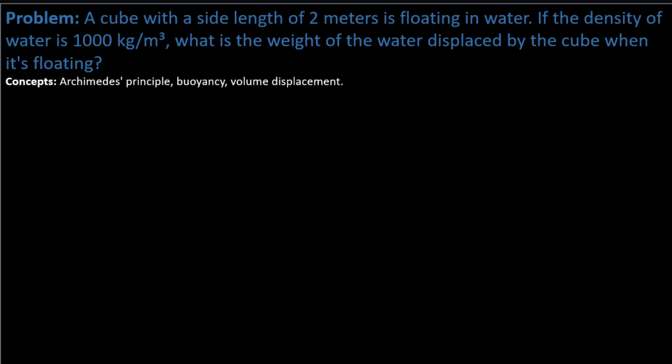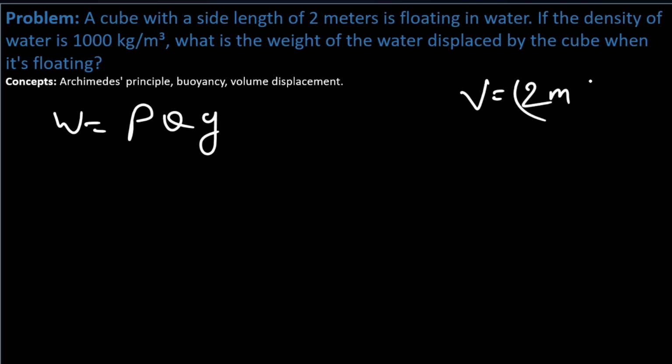So here problem number 3: a cube with a side of length 2 meter is floating in the water. If the density of water is 1000 kilogram per meter cube, what's the weight of the water displaced by the cube when it's floating? So here W equal to rho V G. So V equals 2 meter cube, which is 8 meter cube, rho equals 1000 kilogram per meter cube, and G equals 9.8 meter per second square.